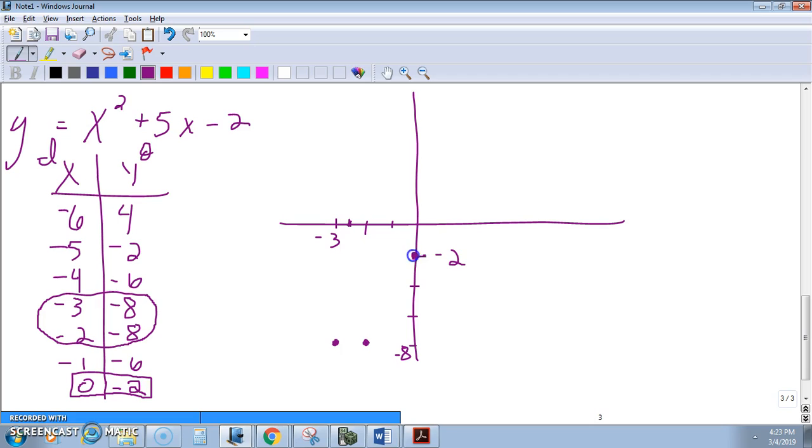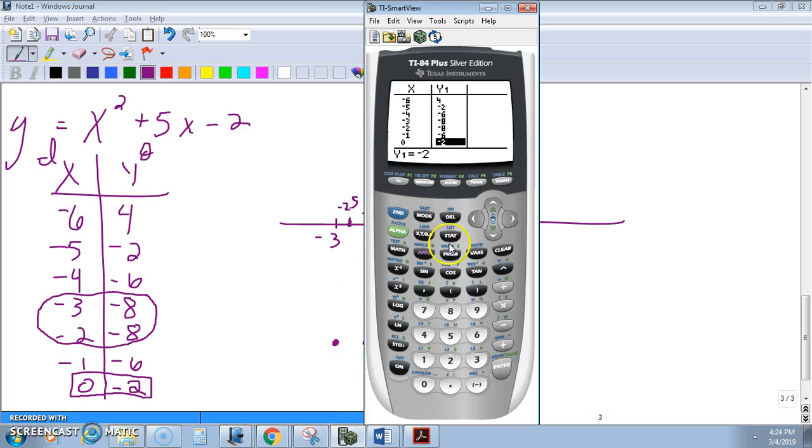Well, really, to get all of these points, let's enter in this: if this is negative 2, this is negative 2.5. Let's actually enter in negative 2.5. And we can do that in the calculator by doing second table set. And right now, it says I'm starting at negative 6 and I'm counting by ones.